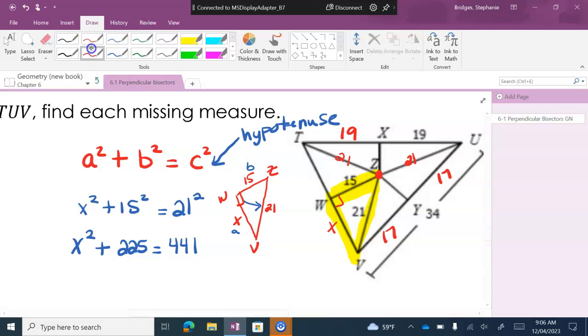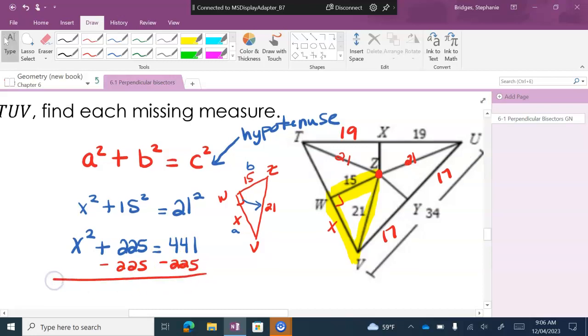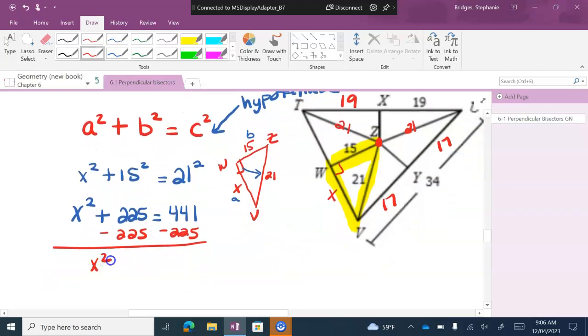Yep, I want to subtract that 225 over to the other side. 216, thank you.